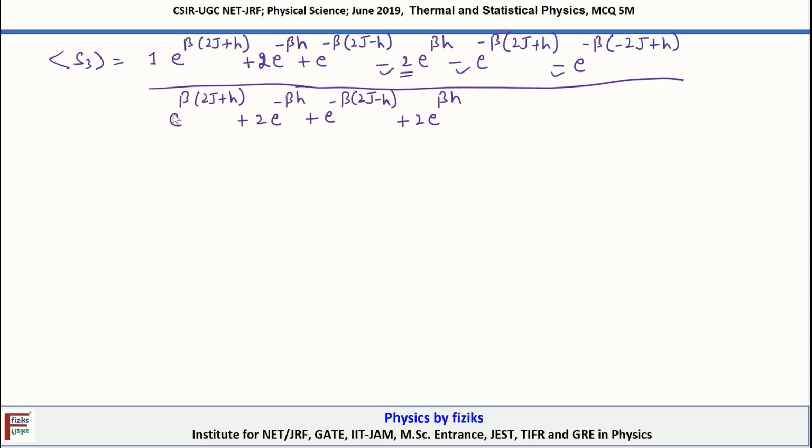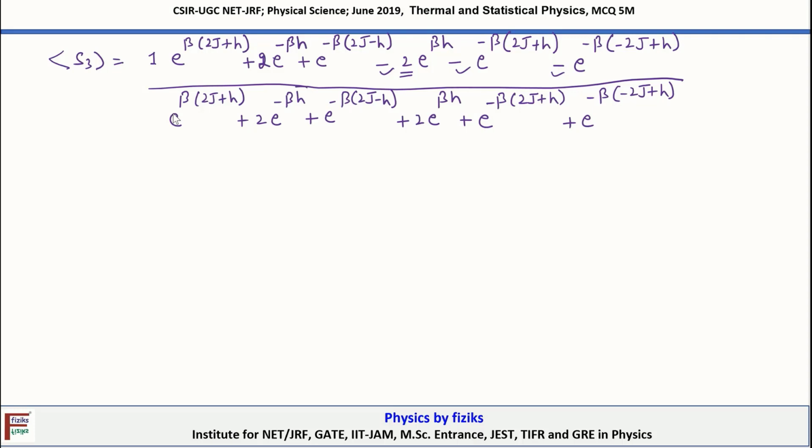Okay, so then the next term plus exponential minus beta 2J plus H, plus exponential minus beta minus 2J plus H.